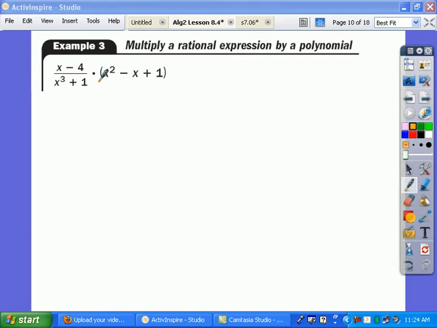So, let us look at this problem. Remember, we're just multiplying two fractions. To be able to do this, we factor everything as best we can. So x minus 4 is already there. The 1 down here doesn't need to be factored. What are the factors for x squared minus x plus 1? How does that factor?